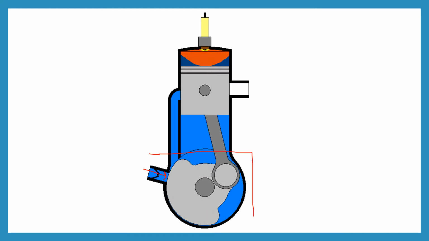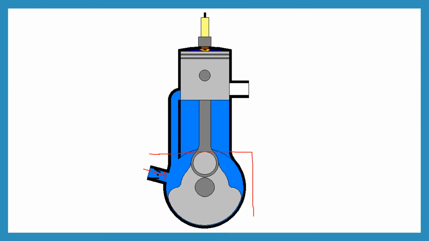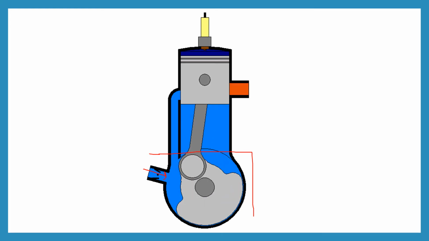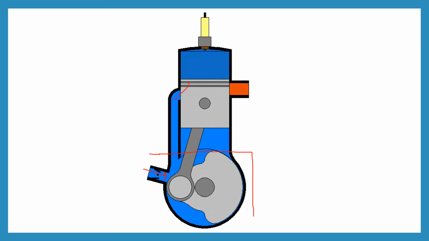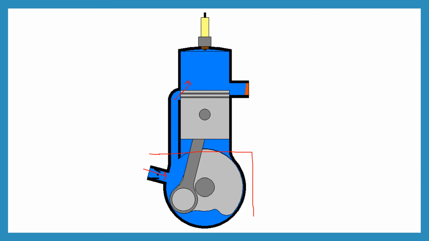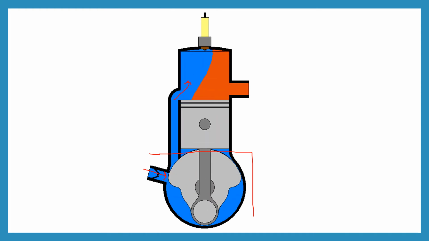After that the piston starts to move downward, it is compressed and it is introduced inside the combustion chamber, and the piston again moves from BDC to the TDC.